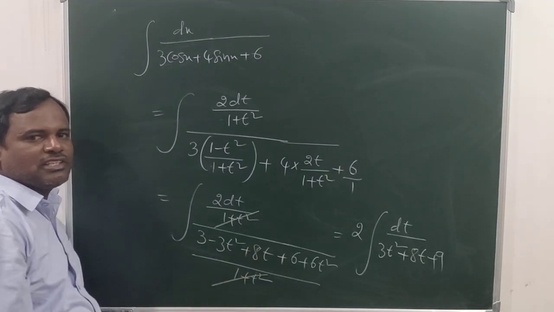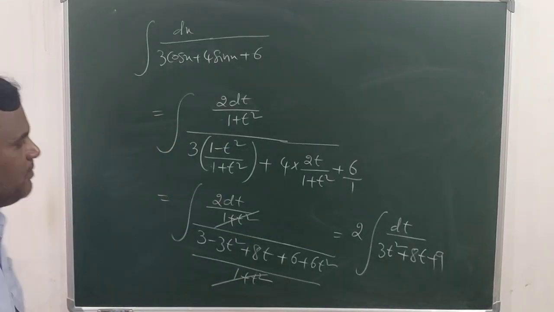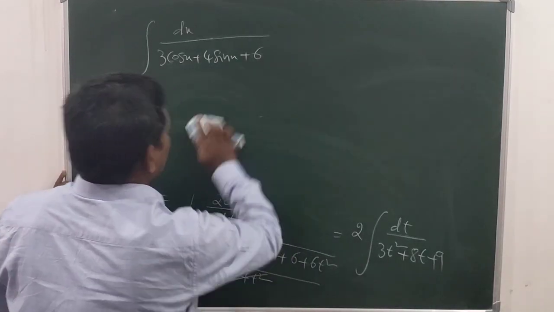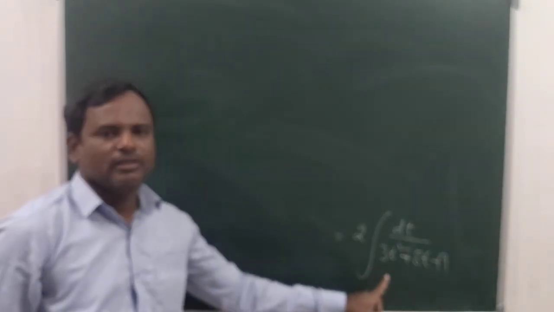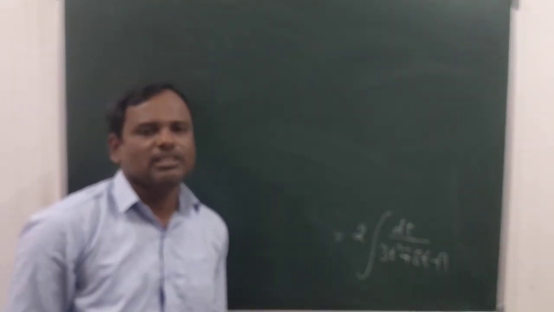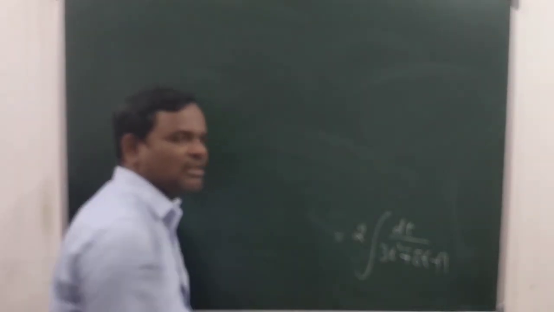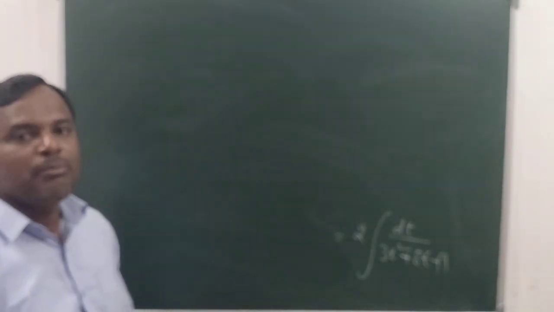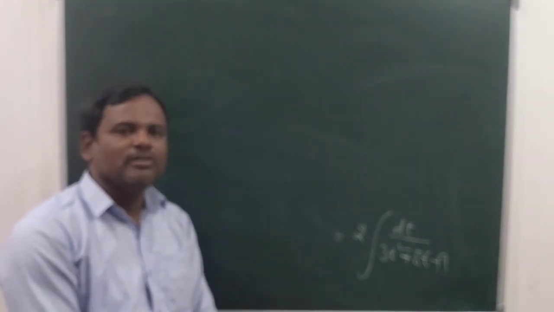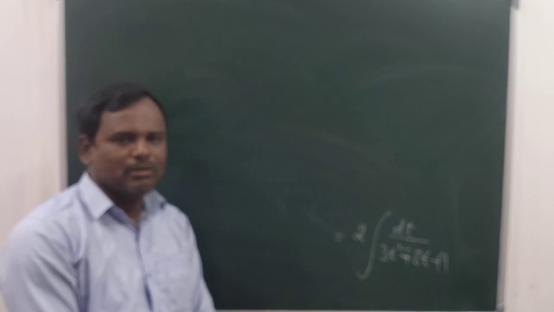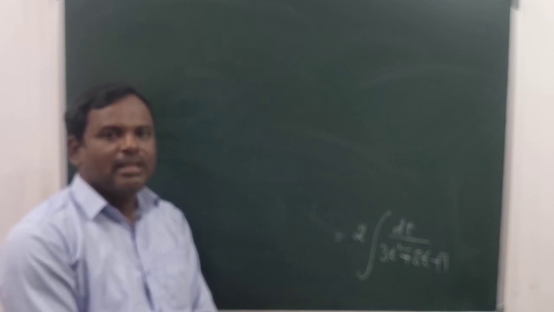Now go for simplification. You have got a quadratic expression in the denominator. Now in the next step, what do I have to do to evaluate this integral? This denominator is looking like a quadratic expression. Now express this using the completing square method. You have to transform this into x square plus a square, or a square plus x square, or x square minus a square.